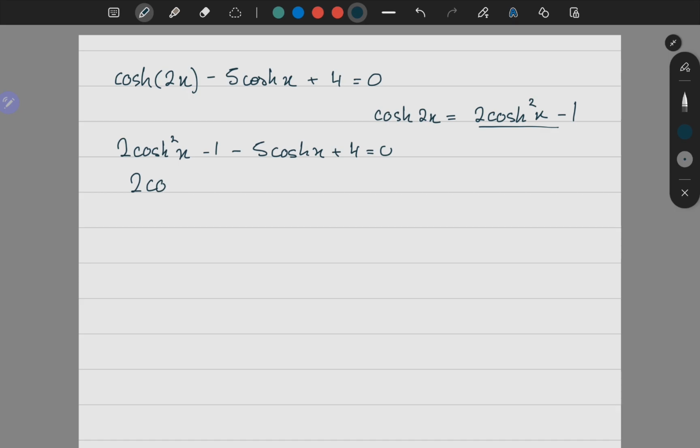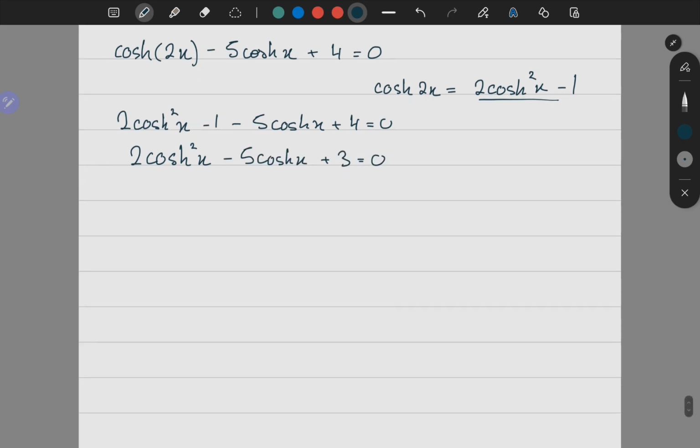Now, like I said before, I was hoping that this is going to be a quadratic, and it is, because you can already see that there's a squared term, there's a non-squared term, and there's a term that doesn't have this cosh at all. Okay, so this is the quadratic, and I'm going to factor it.